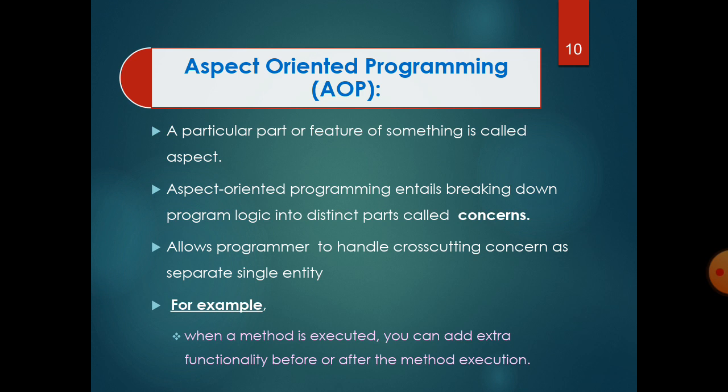I provided you some examples and foundations as well, the pillars behind the adoption of aspect oriented programming. The main problem is the separation of concerns, and the issues we face in object oriented programming are resolved in aspect oriented programming.